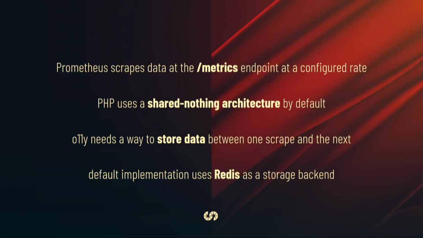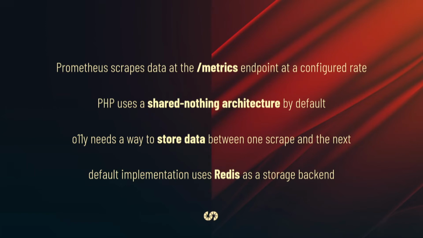Okay. First of all, Prometheus by default scrapes data about your website, contacting an endpoint that is /metrics. If you reach this endpoint, you will see a text response with all the metrics that are collected. But in PHP, we don't have a storage. We don't have an application server that keeps running, like Java, for example.